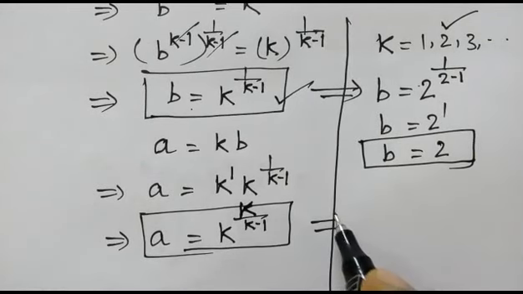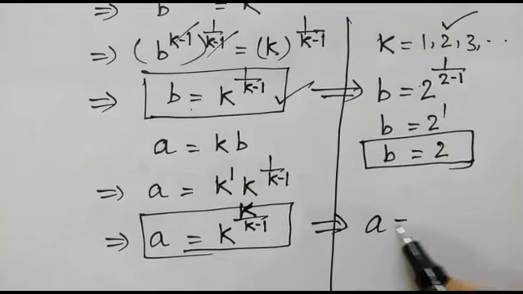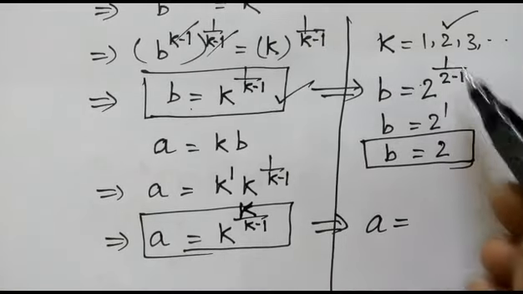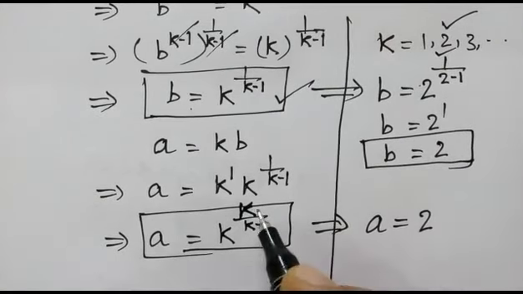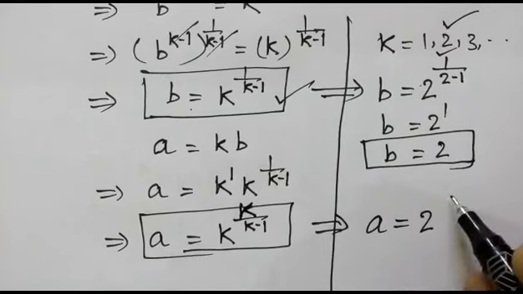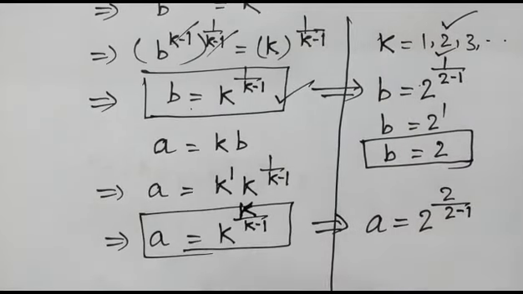Now with this value of a, as we have assumed k is 2, a is equal to 2 to the power k over k minus 1, 2 over 2 minus 1.